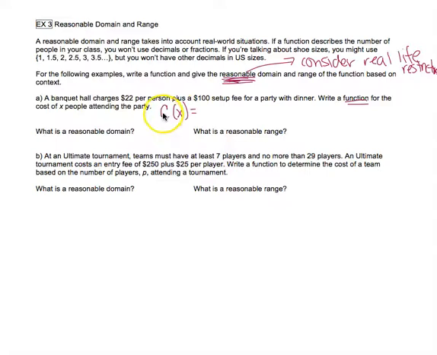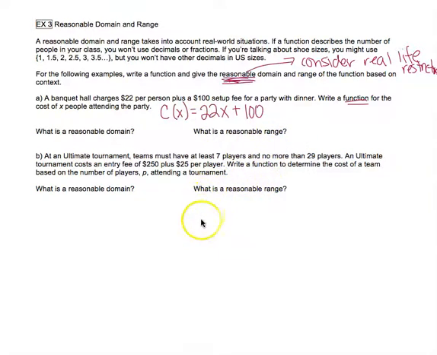C of x means cost for x people. It says $22 per person, so 22 times x plus a $100 setup fee. That $100 setup fee does not say per person, so that's just a straight value.